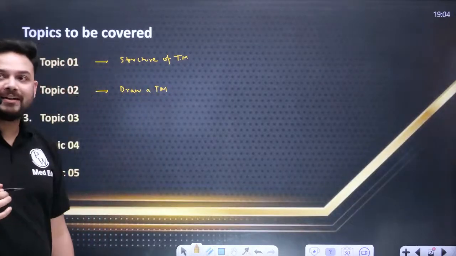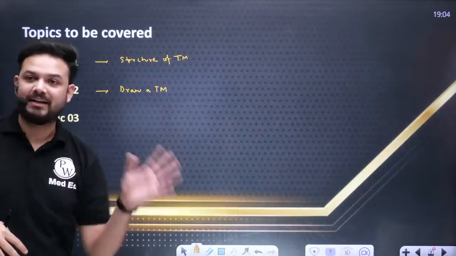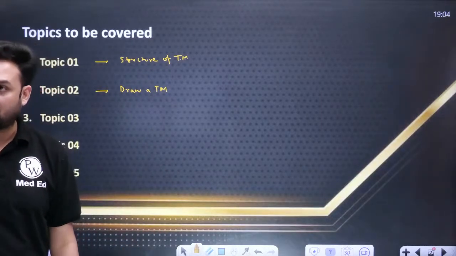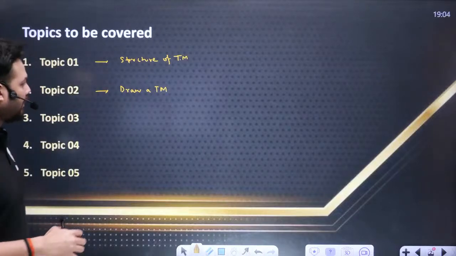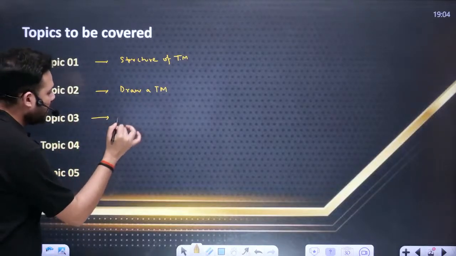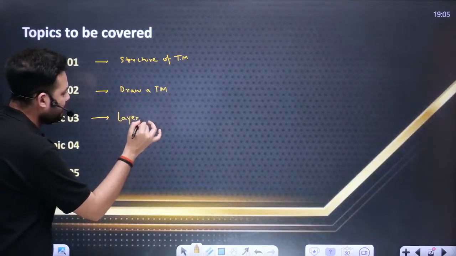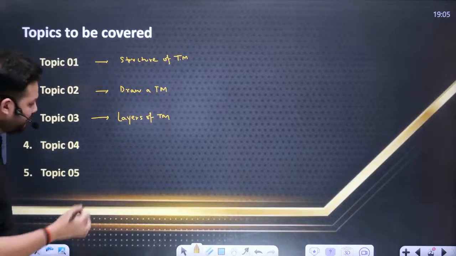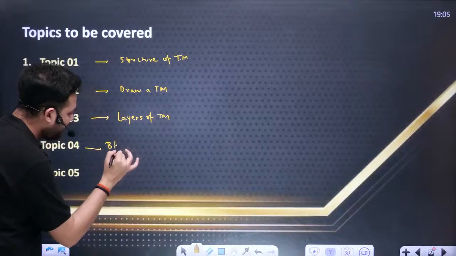And this drawing has to be on the right side as well as the left side. So we are going to draw both the tympanic membranes and we are going to see how to draw a normal tympanic membrane. Okay. Now, the third thing we will see is what are the layers of tympanic membrane. Okay. Next thing we will see is what is the blood supply of tympanic membrane.